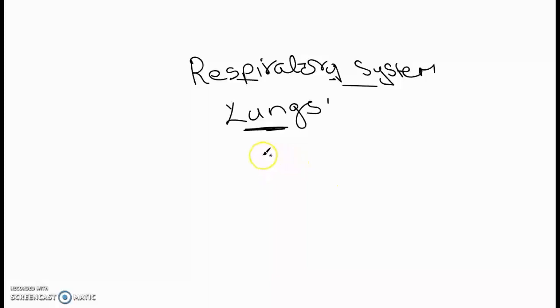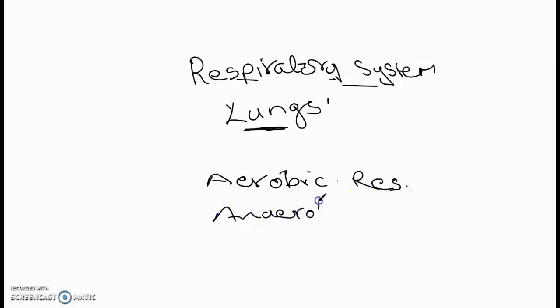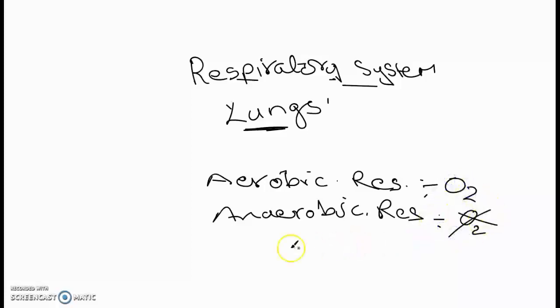And you have seen that there are two types of respiration. One is aerobic respiration, and another is anaerobic respiration. Aerobic is the type of respiration that takes place in the presence of oxygen, and anaerobic respiration takes place in the absence of oxygen.